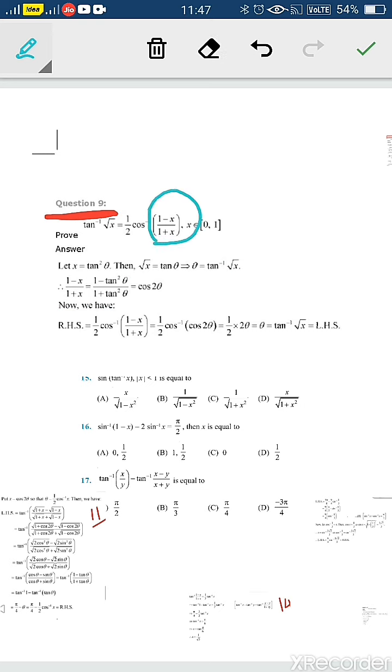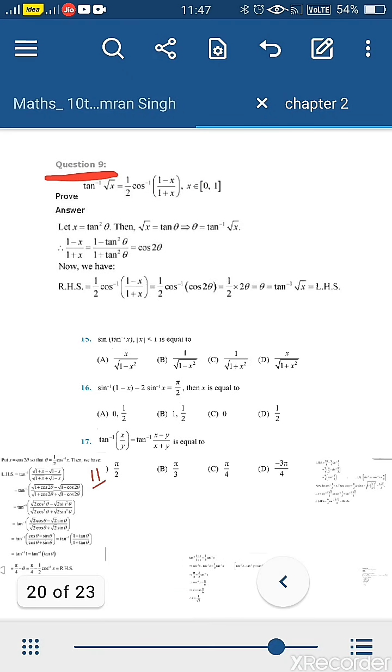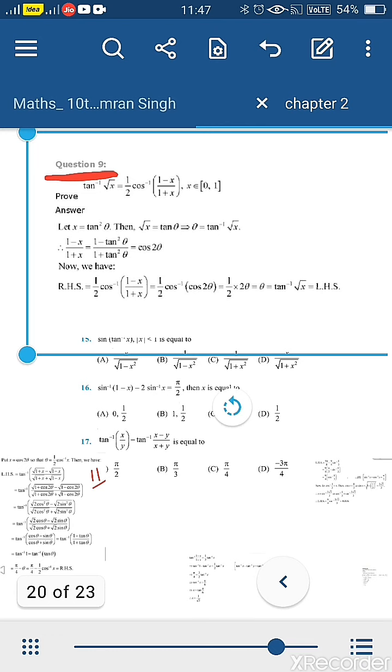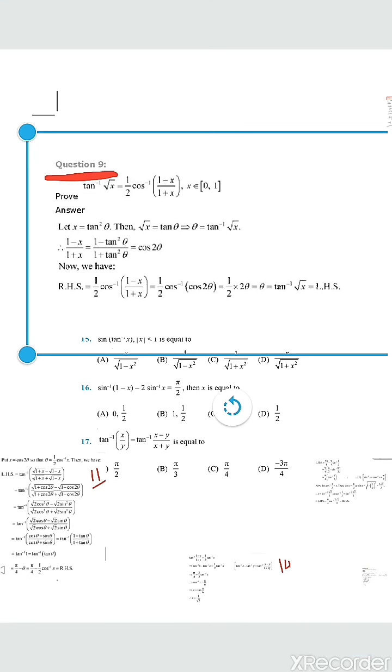Yes, it is easy once you know what value you have to take so that it can be solved easily, right? So moving on to question number 10.